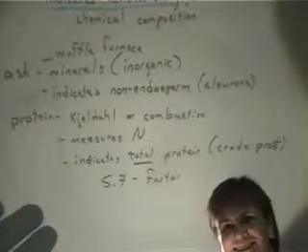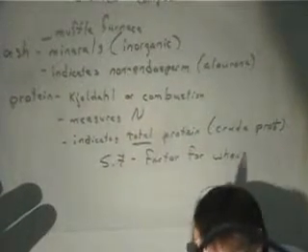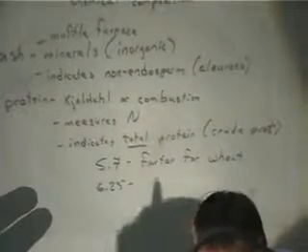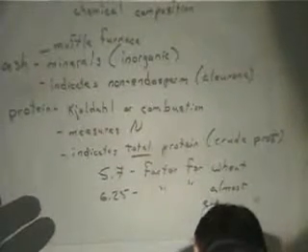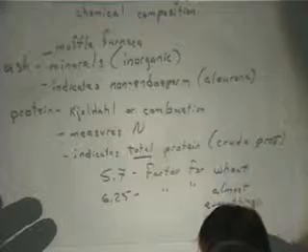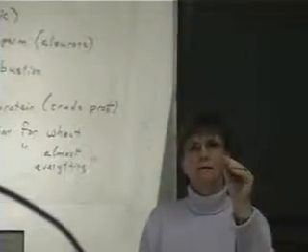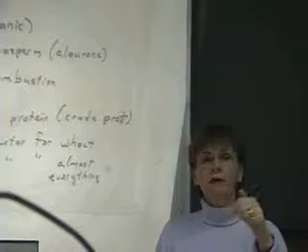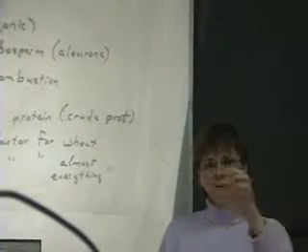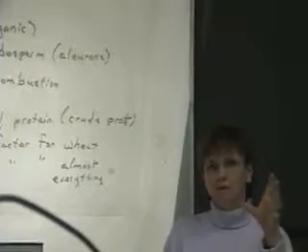5.7 is what? The factor for wheat. 6.25 is a factor for other proteins. Anything that's measuring nitrogen, we take this factor times the nitrogen content. So it doesn't matter if you're using Kjeldahl or combustion or even NIR, we're taking what it's measuring as nitrogen times that factor to give us how much protein.